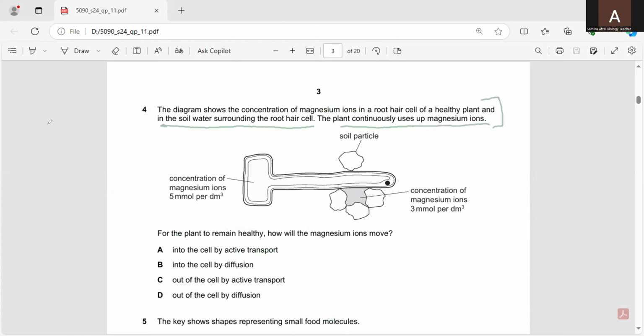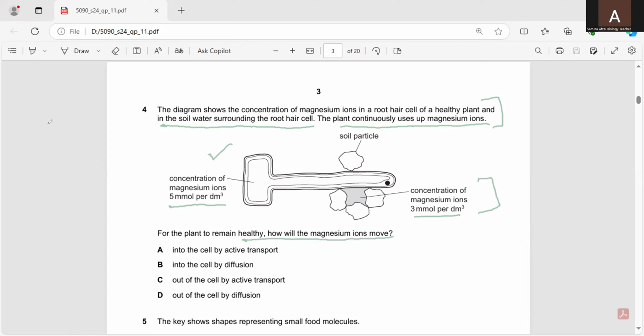You can see in the picture, the soil particles are around the root hair cells and the concentration of magnesium ions outside is 3, and inside is 5 mmol per cubic decimeter. For the plant to remain healthy, how will the magnesium ions move?